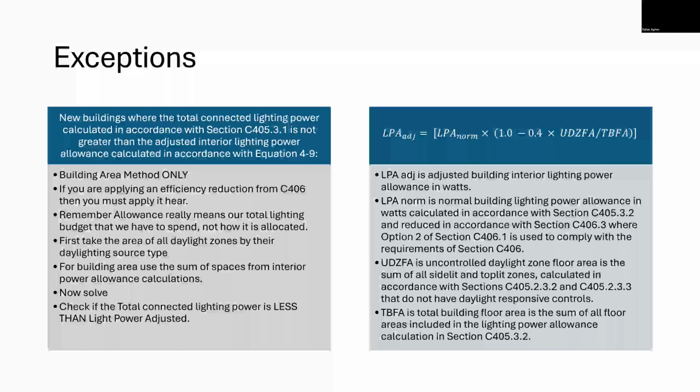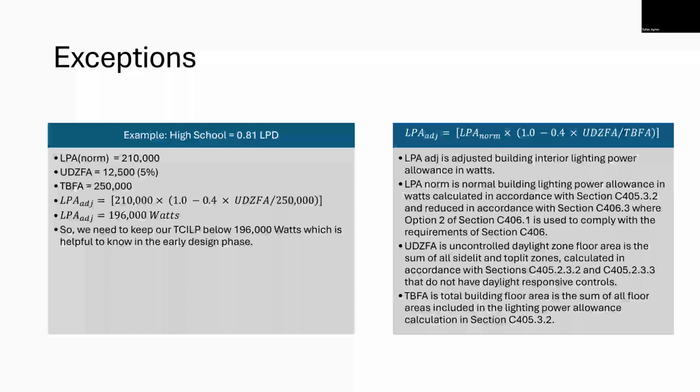And the last caveat is that it has to be new construction. So: new construction, building area method, do the reduction if you're applying for it, and then your total connected power has to be less than your lighting power adjusted, accounting for your daylight areas. Okay, but it also seems like it's pretty difficult.